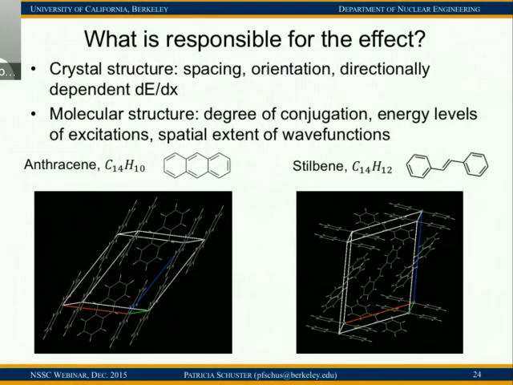And then there's also molecular structure. There's the degree of conjugation across the molecule, which means whether the pi orbital is delocalized across the entire molecule, or whether it's separated onto different regions. There's the energy levels of the excitations and the spatial extent of the wave functions, and all of these come together to give you different likelihoods of all of those light output processes happening.